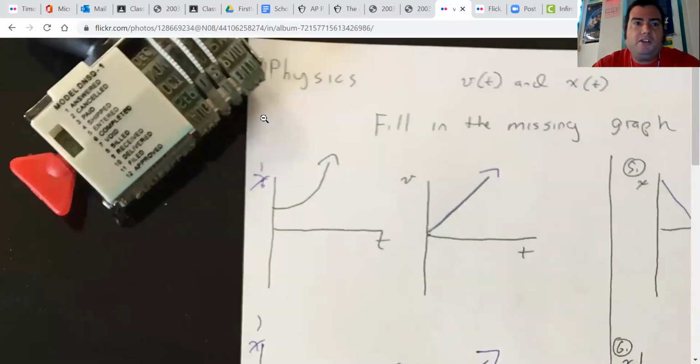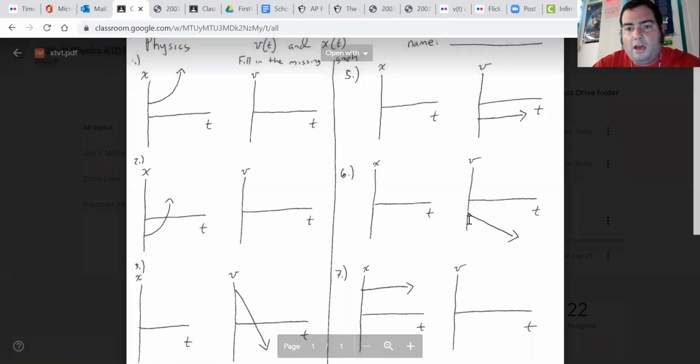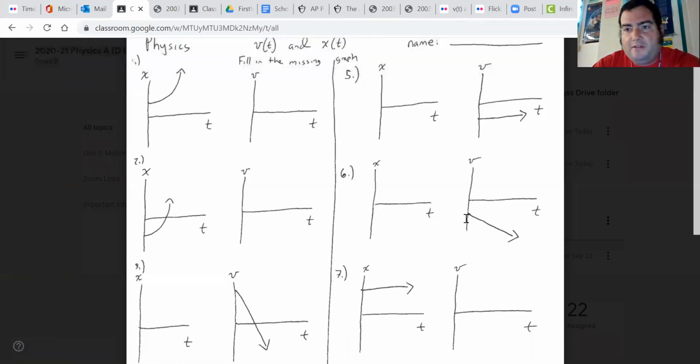So when you look at a question like number 6, I know that I start with a negative velocity and that negative velocity gets more and more and more. So I expect to have something that starts off with an initial negative slope, and then that gets steeper and steeper and steeper. But where I start it, what my intercept is, I just make that up. I don't know what it is.